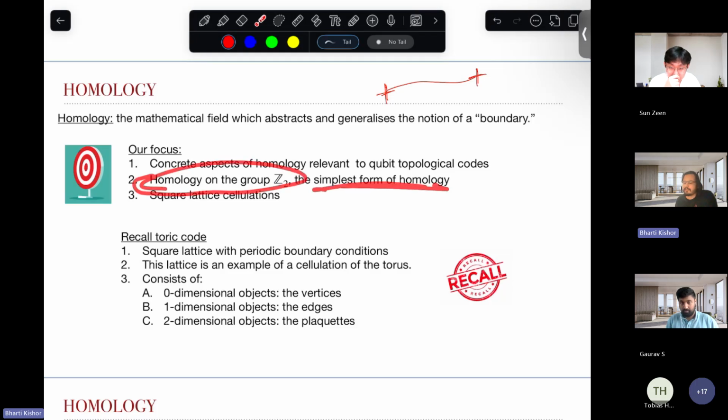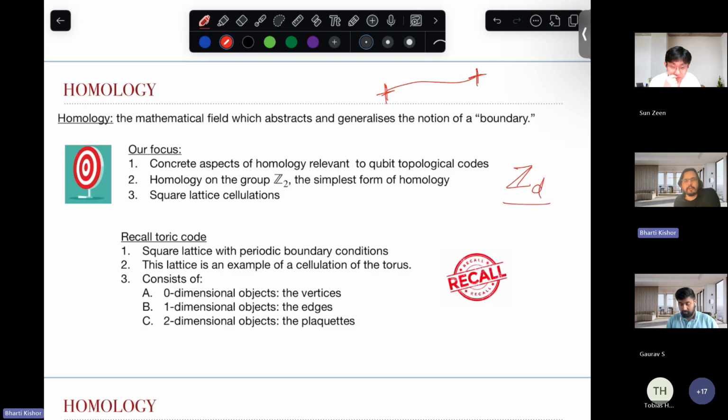It is the simplest form of homology. For qudits, one can maybe look at Z_d, but I think there is no need. Qubit is a good starting point, and you can always understand the simple thing and complicate it later. So we will look at homology on the group Z2, which has two elements, 0 and 1.